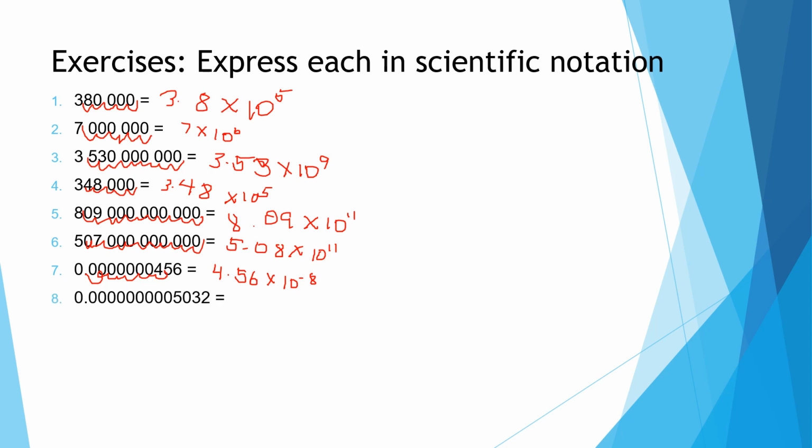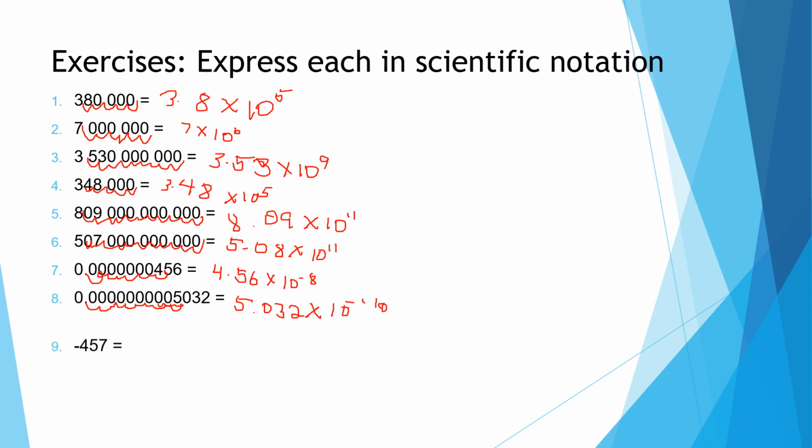Number 8. Okay, so we have 1, 2, 3, 4, 5, 6, 7, 8, 9, 10. So we have 5.032 times 10 raised to negative. Ulitin natin. 1, 2, 3, 4, 5, 6, 7, 8, 9, 10. Negative 10.